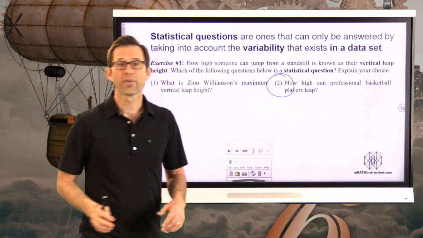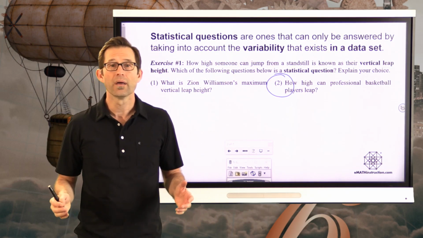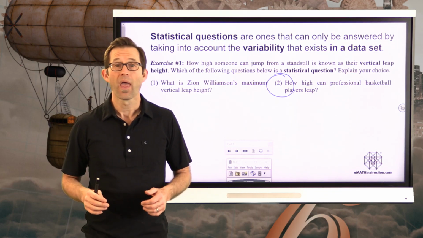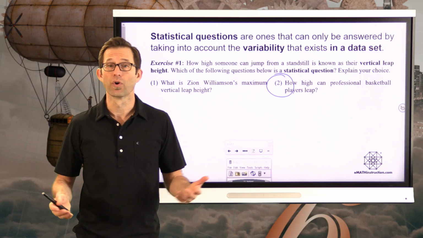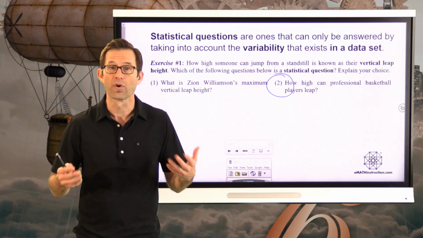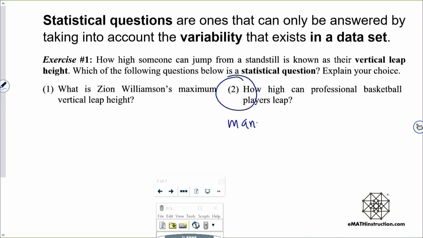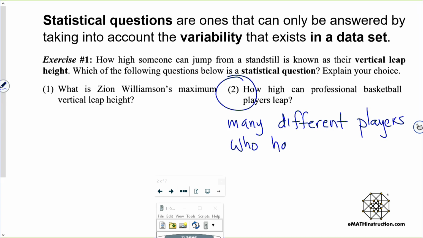Now, the reason for that is very simple. There are many professional basketball players, and they have different vertical leap heights.